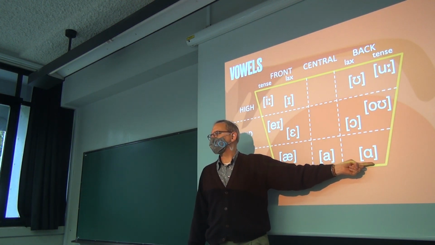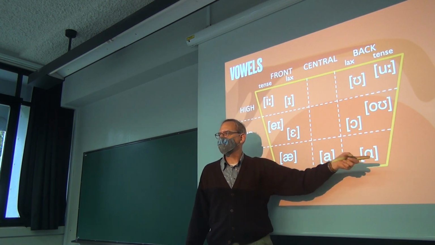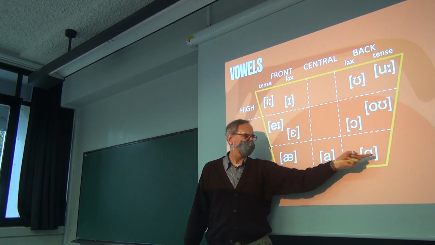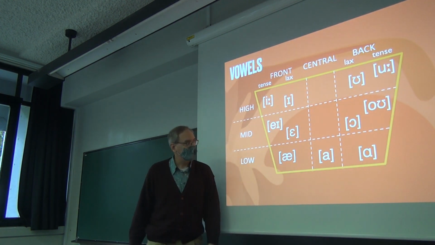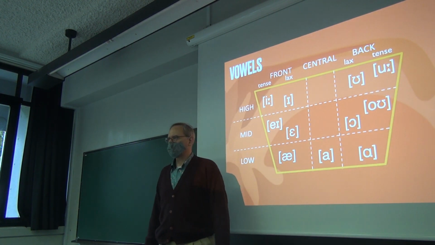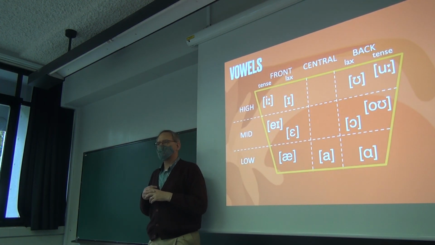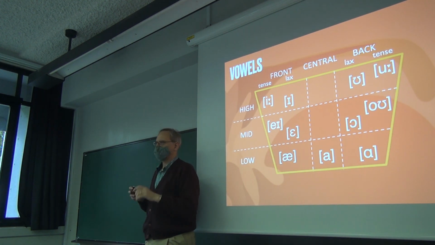Like the word father. It's not father, but father. And so we don't have this low central vowel in English alone. We do use it as part of a diphthong, which I'll come to in just a moment.